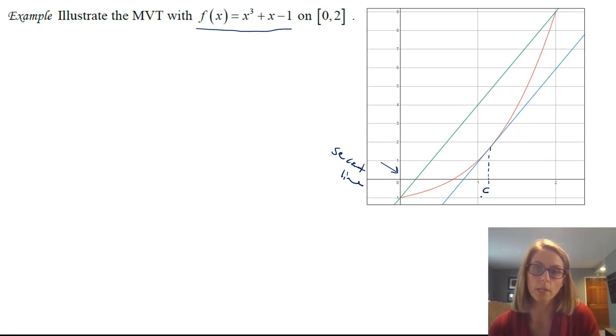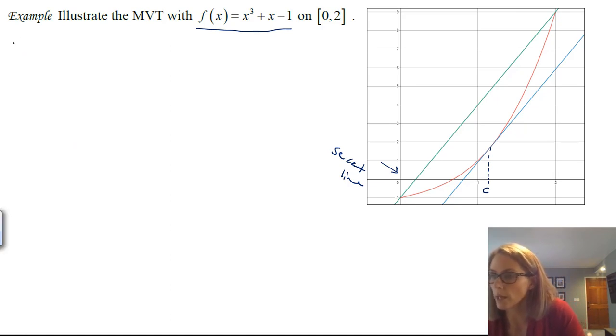And the mean value theorem says as long as you have that differentiable, continuous function, that value c exists, and you can find it. So we are going to now try to illustrate it here. The first thing that we would do is make sure everything's valid so that we can use the mean value theorem.